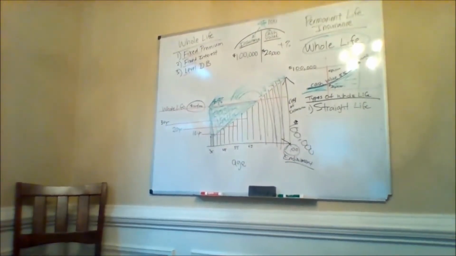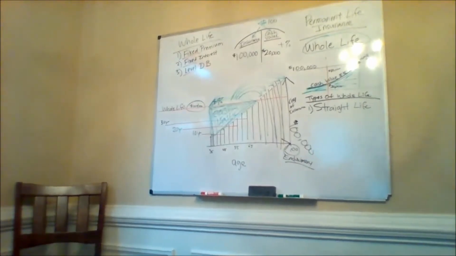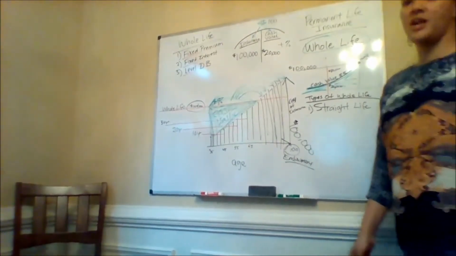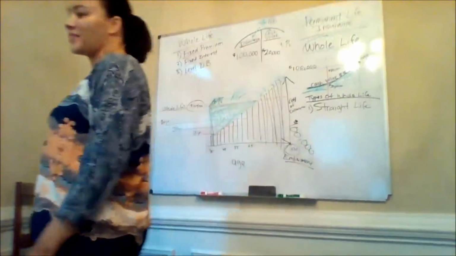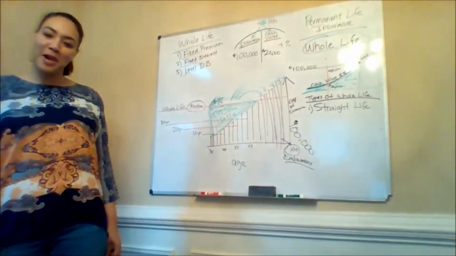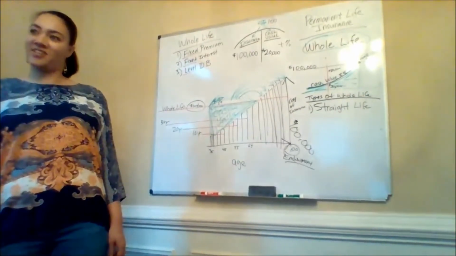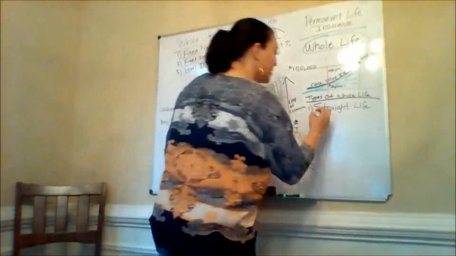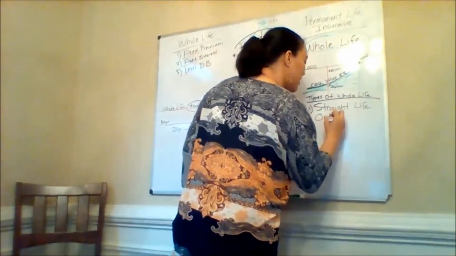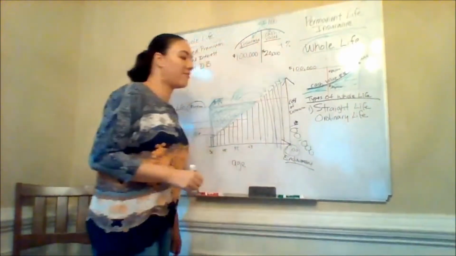No. This is called straight life, but there's another name for it. Isn't it like pure life or something like that? Not pure life. It's called ordinary life. Do you remember that? It's the same thing. Straight life and ordinary life.